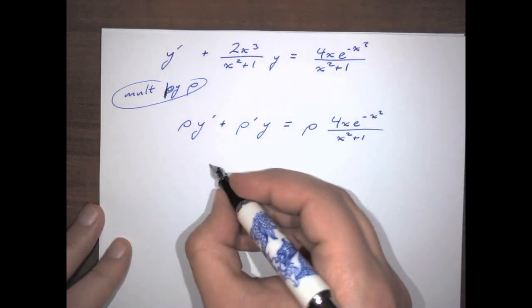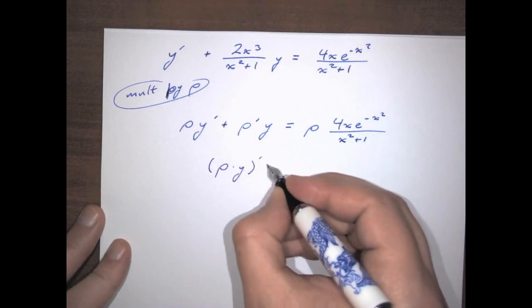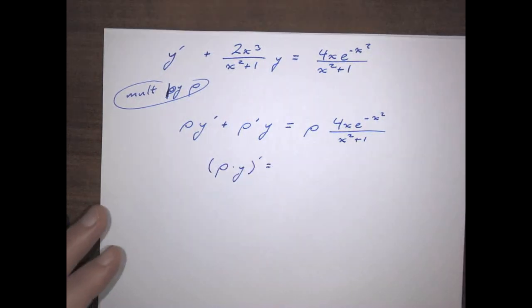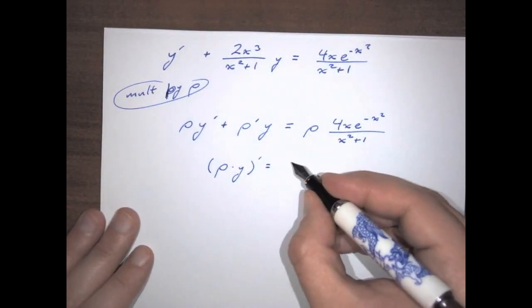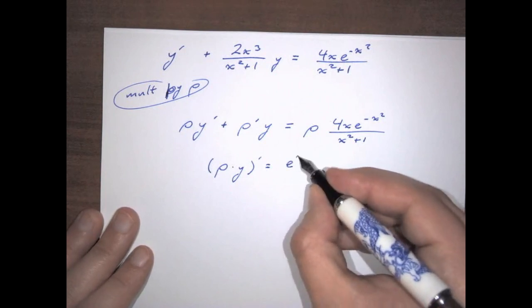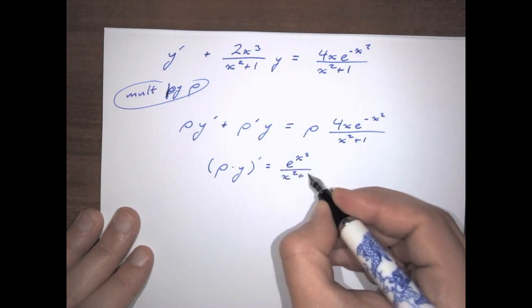And so here what we're going to have is just rho times y prime. Again, it's the product rule. That's the whole point of an integrating factor. And then over here, what's this going to be? So rho is equal to e to the x squared divided by x squared plus 1.